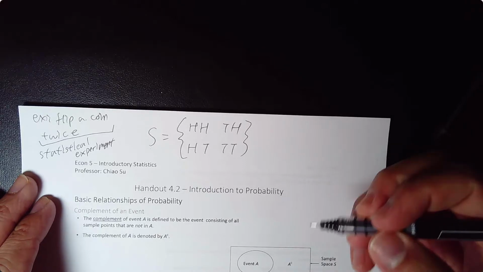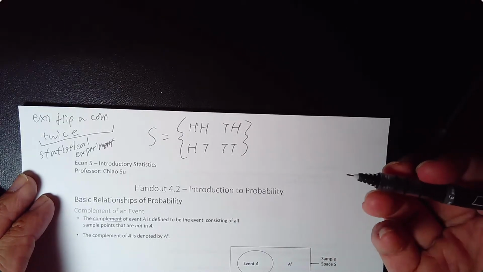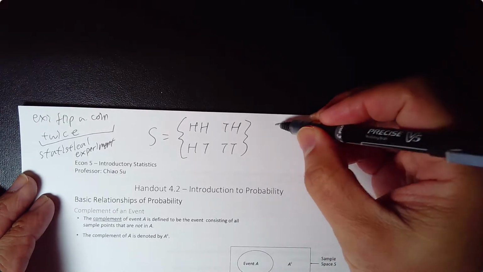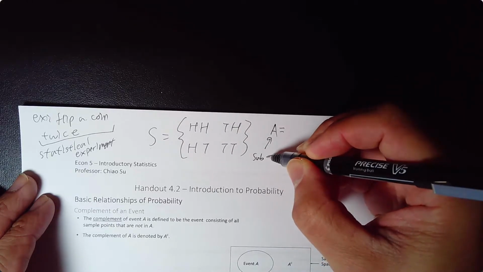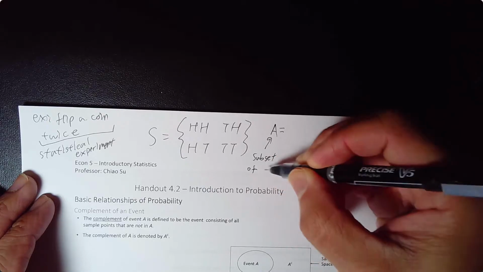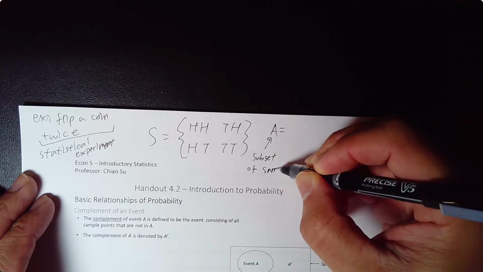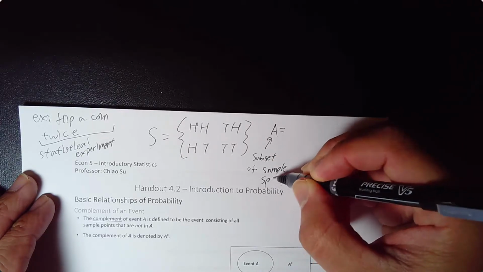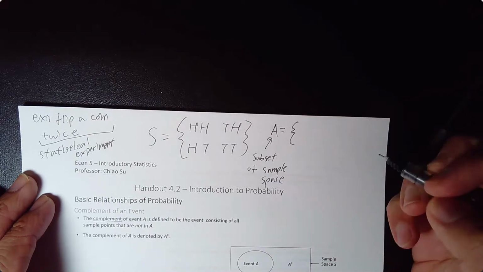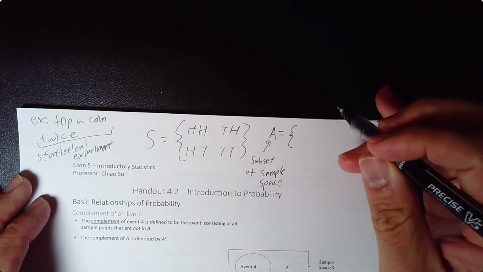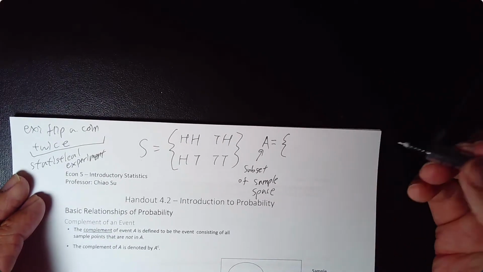Now we also want to define events. An event is just a subset of S, the sample space. So for example, my event A could be that I get all heads.